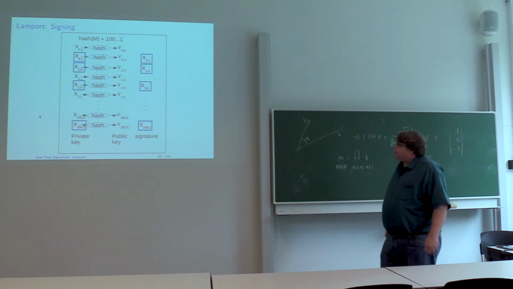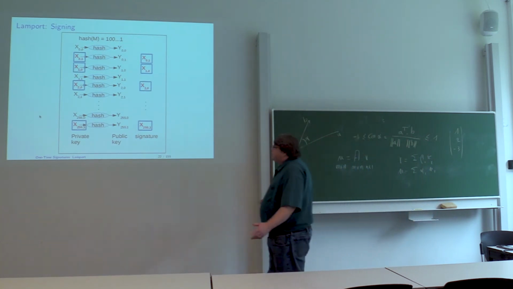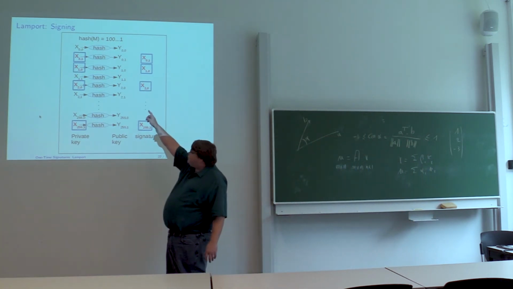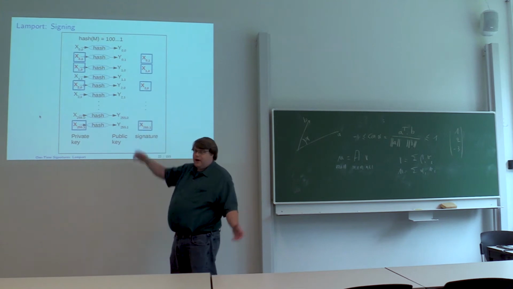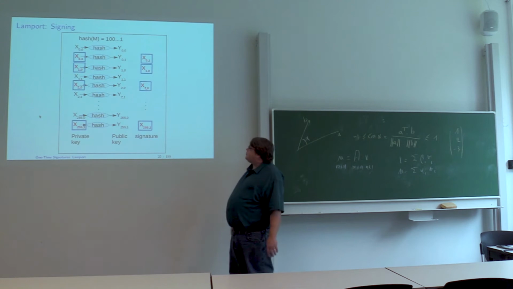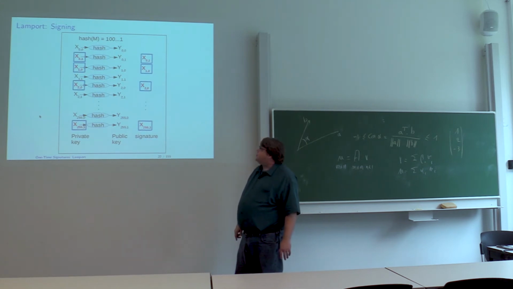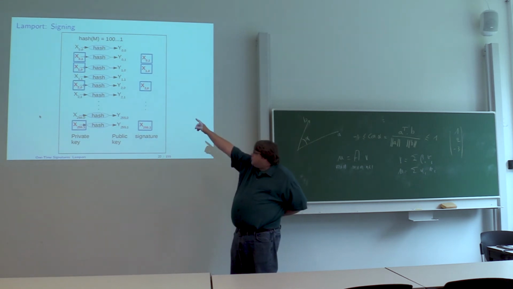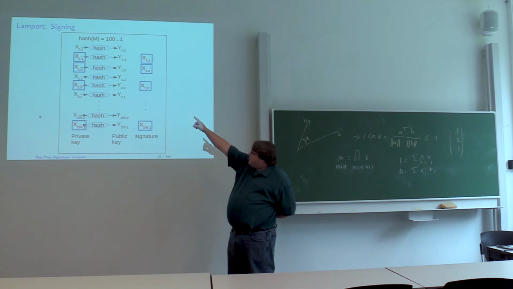And if you look at this, when you sign the message, all you're going to do is just choose which values to reveal. Okay? So just like before, let's say I have a signature on a hash that starts 100 and then ends with a 1. I'm going to reveal x01 for the first bit.